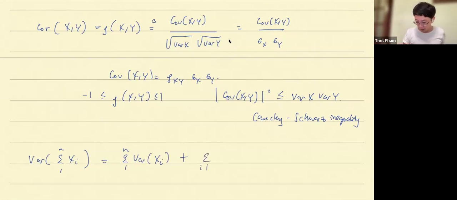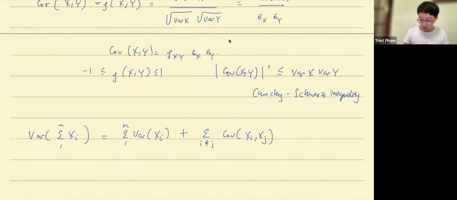One way is to write it like that. This counts all pairs, including order. Because it's i not equal to j, you count ij twice: 1, 2 and 2, 1 get counted twice. Or if you want to count once, then you can write this.